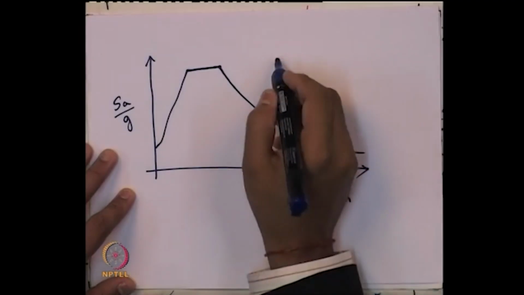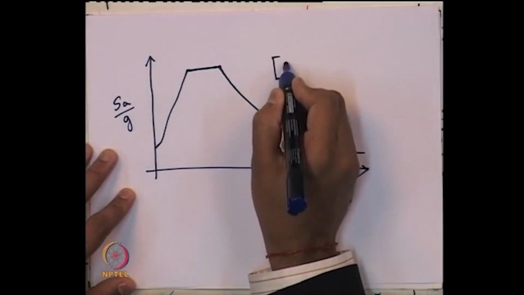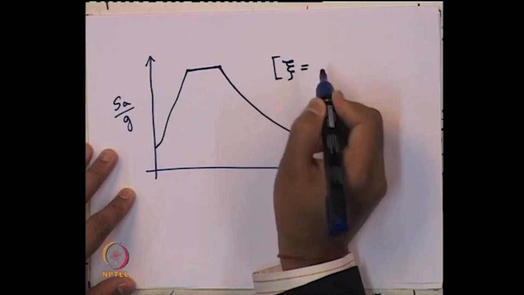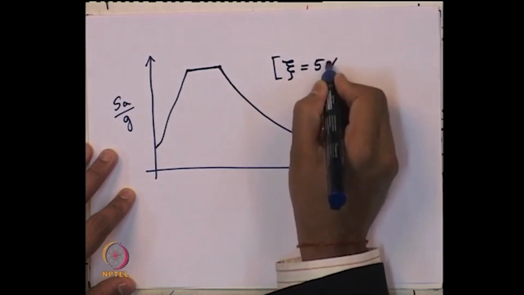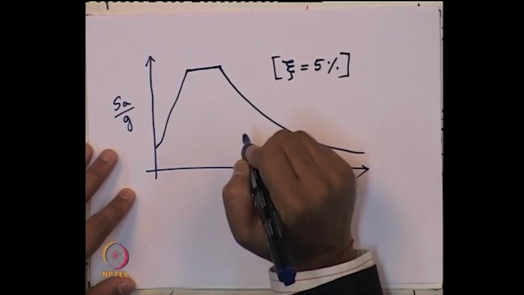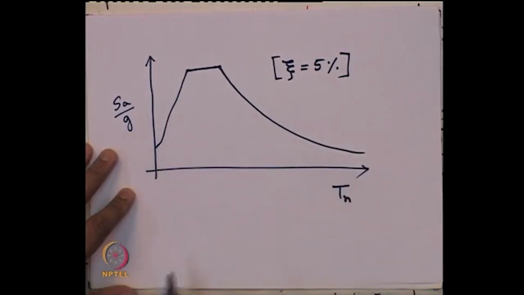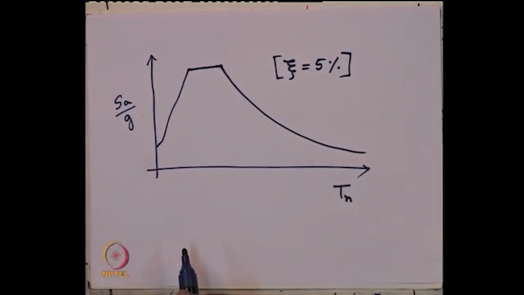This looks like this for a particular value of your damping ratio, say 5% damping or something like that. For a particular damping ratio, this behavior we can obtain.